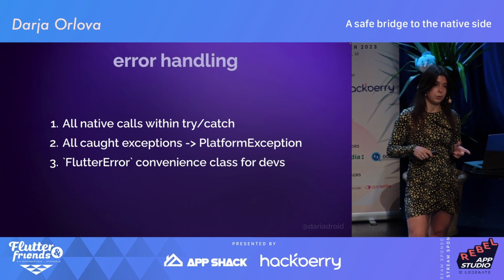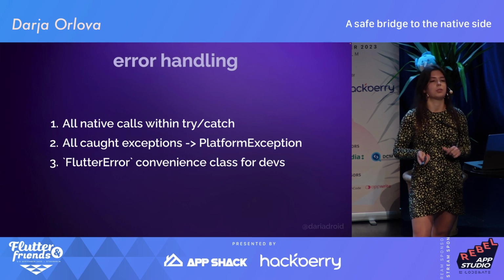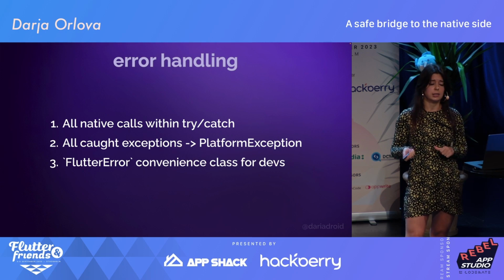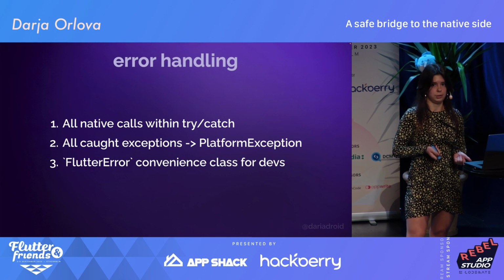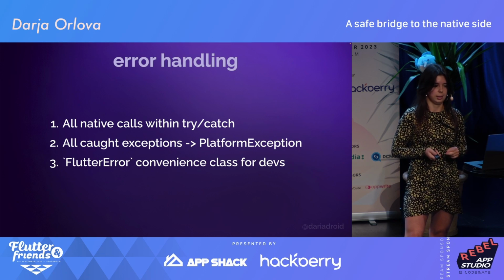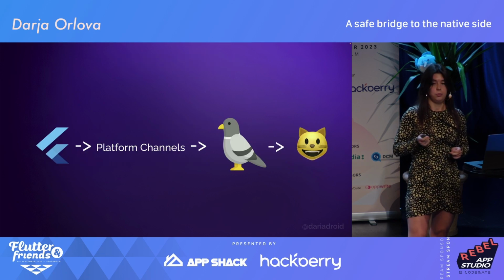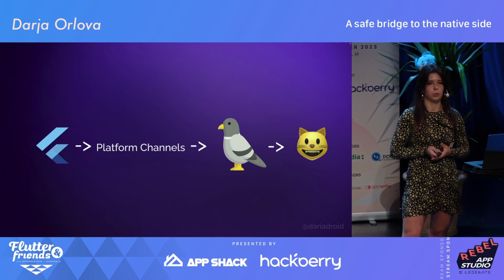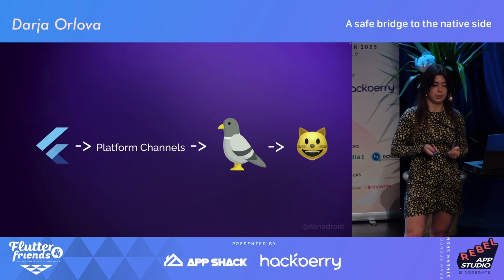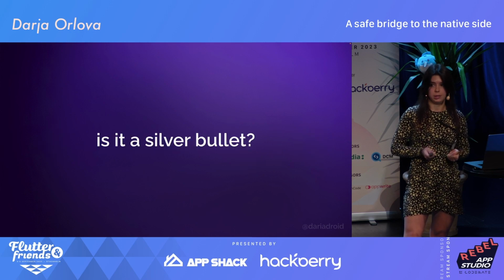And if you want to throw platform exceptions from the native side, there's also a convenience class called Flutter error, which offers some fields which will be mapped in a predictable way, so you can always be sure of them. So now our usage of platform channels has become much nicer with the help of the Pigeon tool generator.